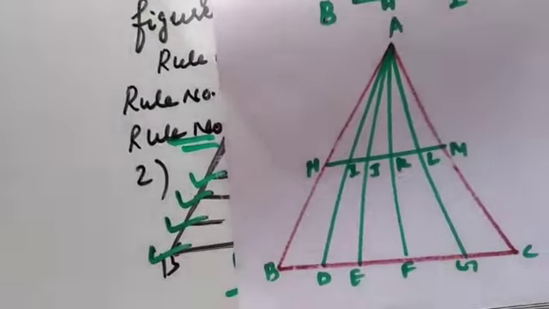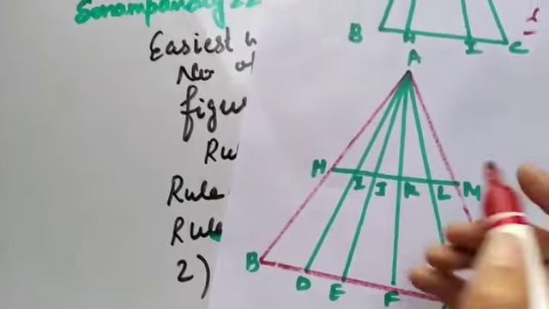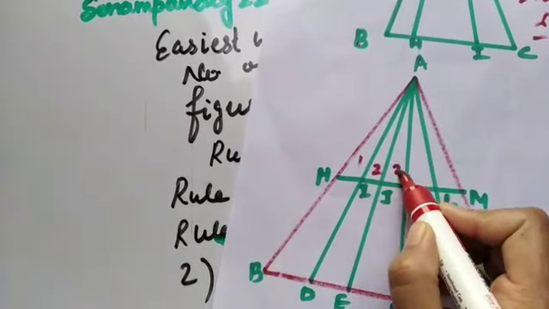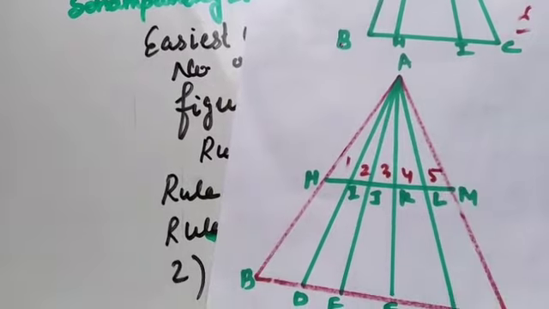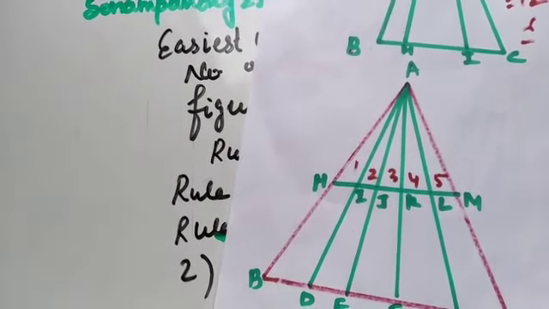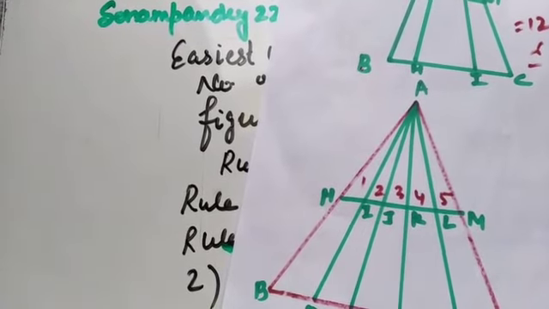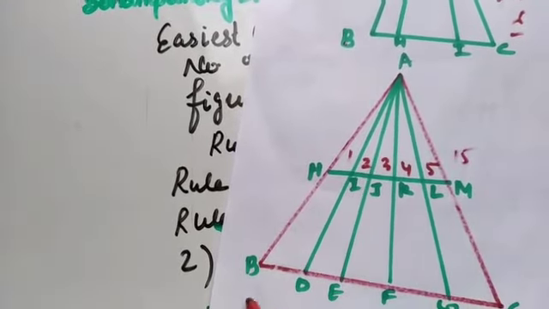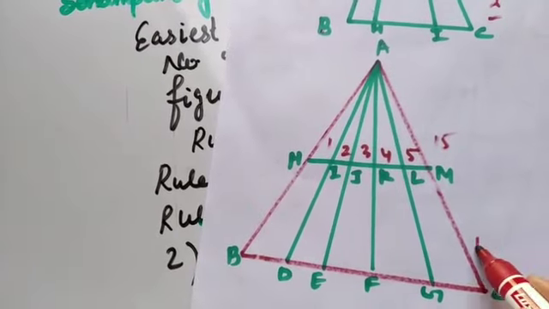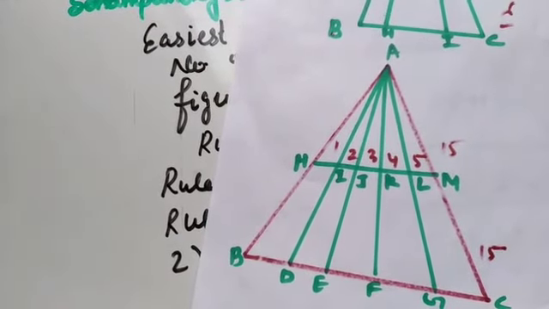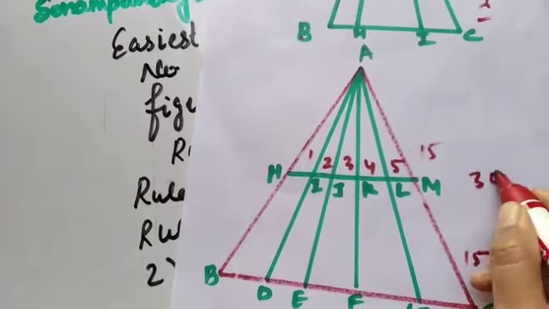For this you can see 1, 2, 3, 4 and 5. So add them, you are getting 15, and for ABC also you are getting 15. So the number of triangles will be 30.